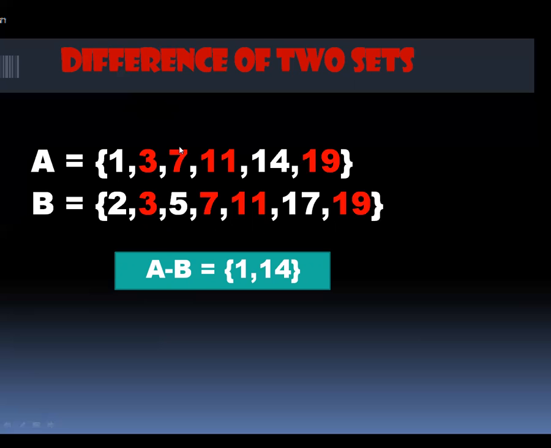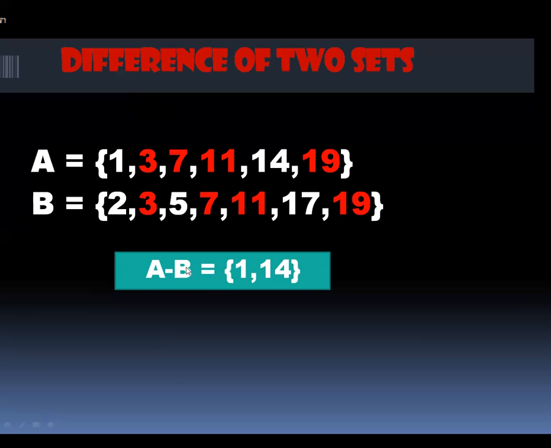So since A is our minuend, A minus B is equal to, if you observe, the color red marks the elements common to sets A and B. So A minus B is equal to, anong natira? What are the elements that remain in set A after finding the elements common to sets A and B?